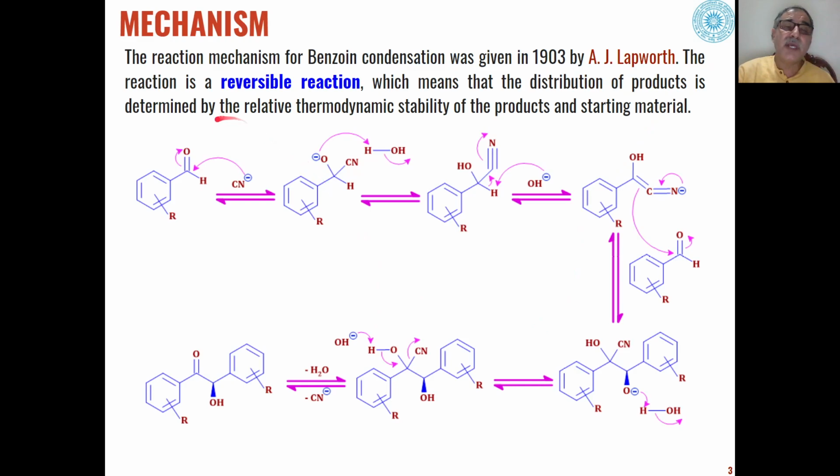Now, as far as the mechanism of benzoin condensation is concerned, this was given in 1903 by Lapworth, and according to him, benzoin condensation is a reversible reaction. A reversible reaction means the formation of products is controlled by the thermodynamics of the reaction.